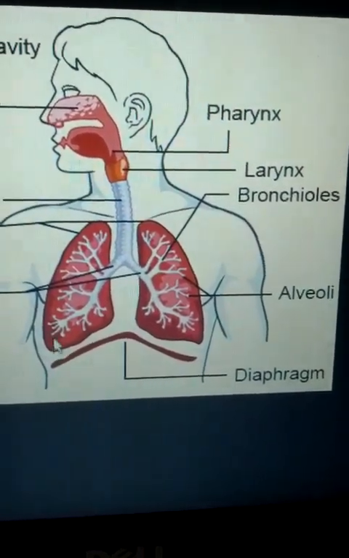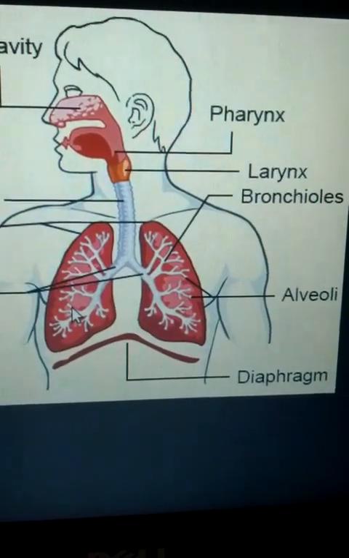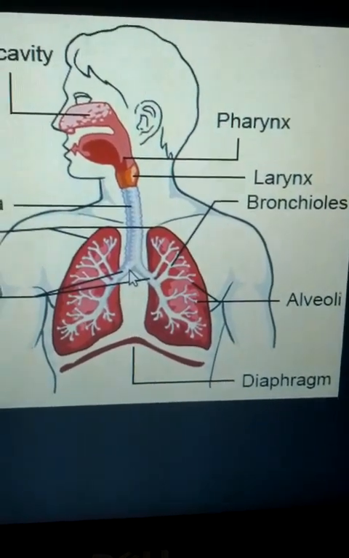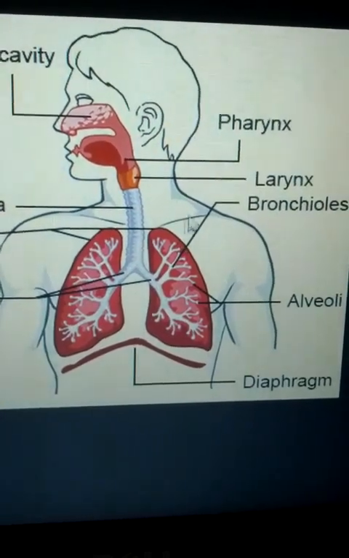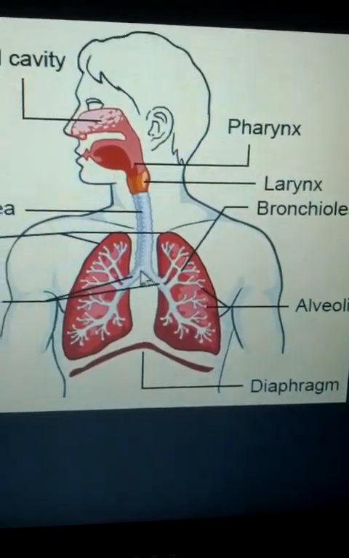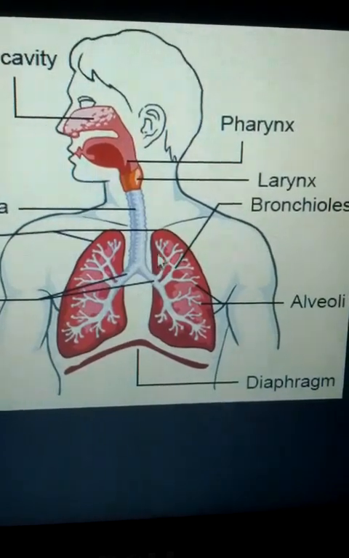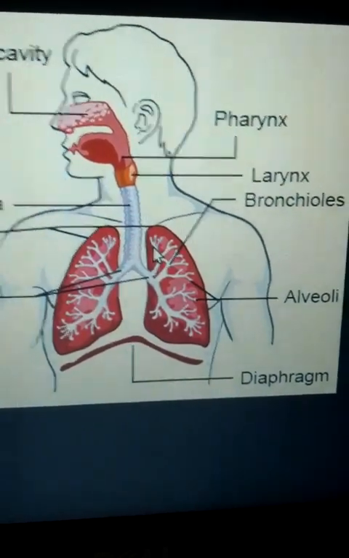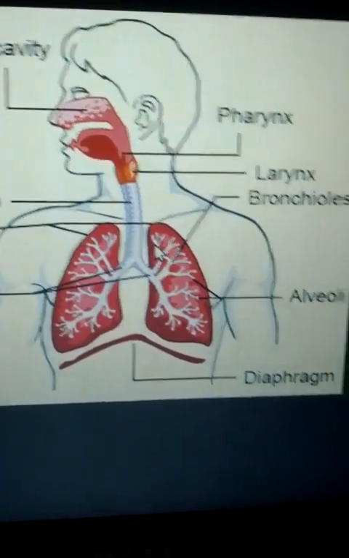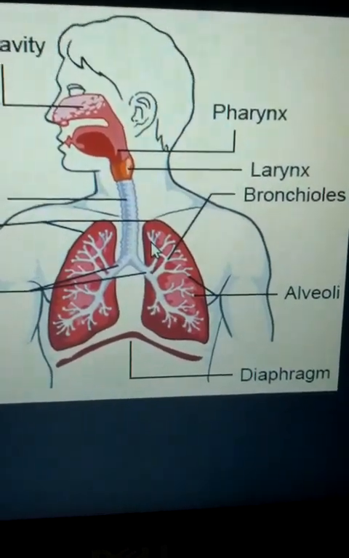Inside the thoracic cavity, there are the heart and lungs. This is covered with the ribs, bones, and the sternum. This is the sternum here, and the ribs are connected here. Inside the rib cage, there are the heart and lungs. So the lungs are protected by the ribs.